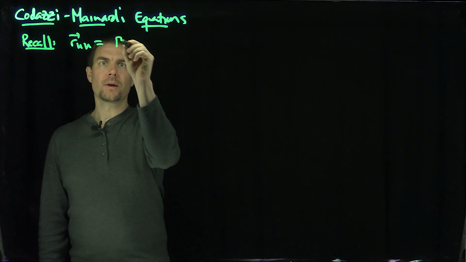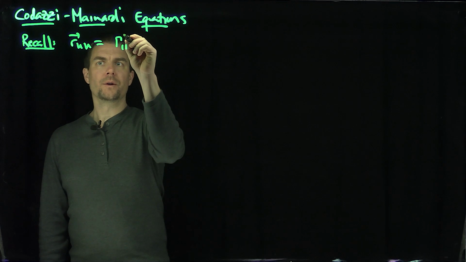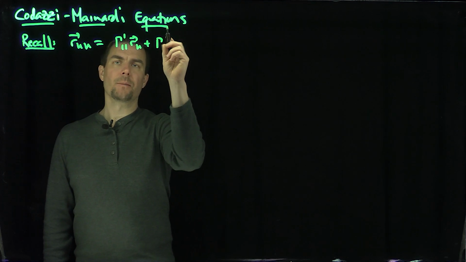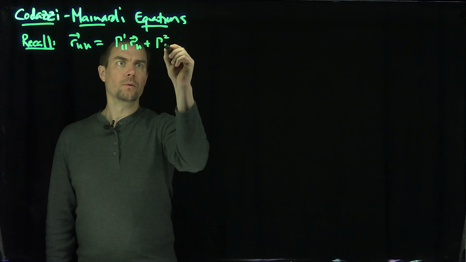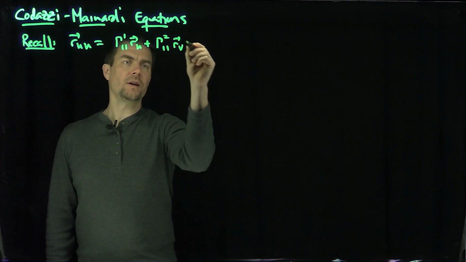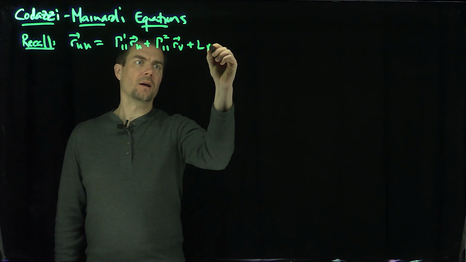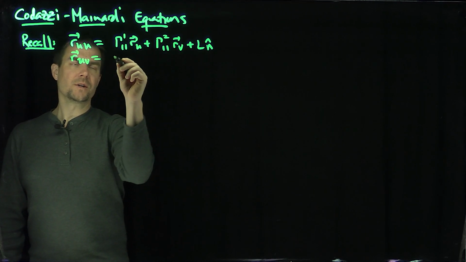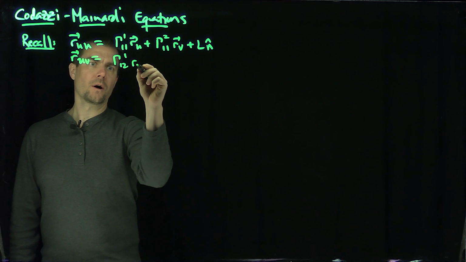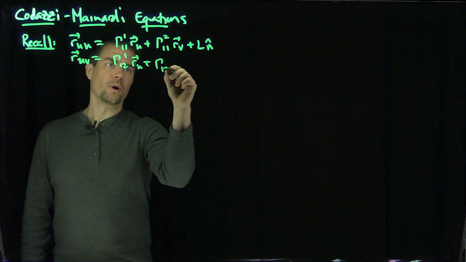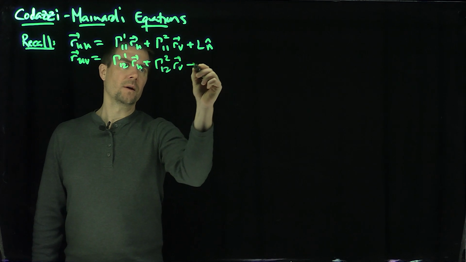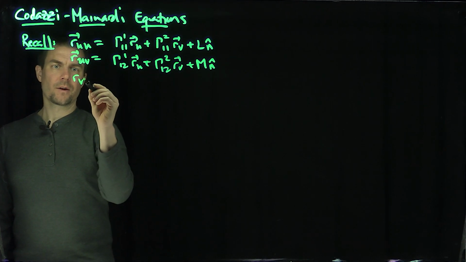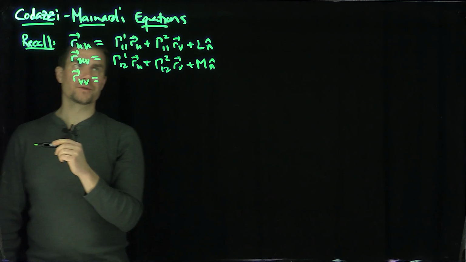R_UU is equal to gamma 1,1,1 R_U plus gamma 1,1,2 R_V plus L n hat, that R_UV is equal to gamma 1,2,1 R_U plus gamma 1,2,2 R_V plus M n hat, and then finally R_VV for a surface parameterization, right?